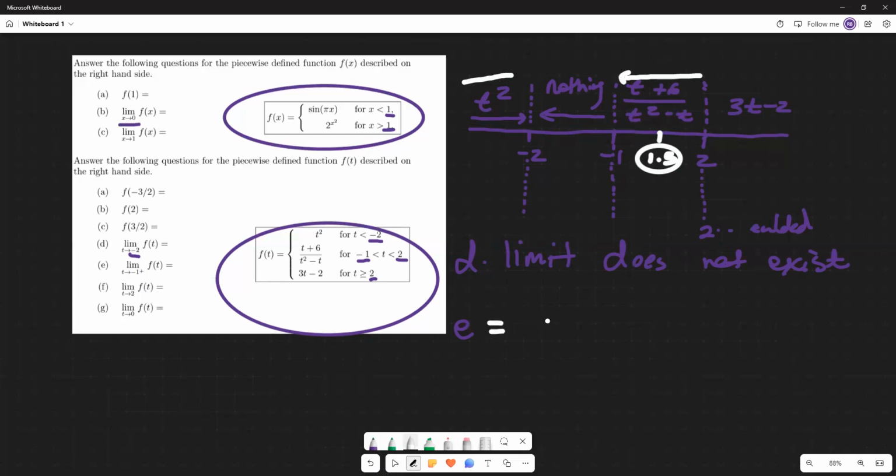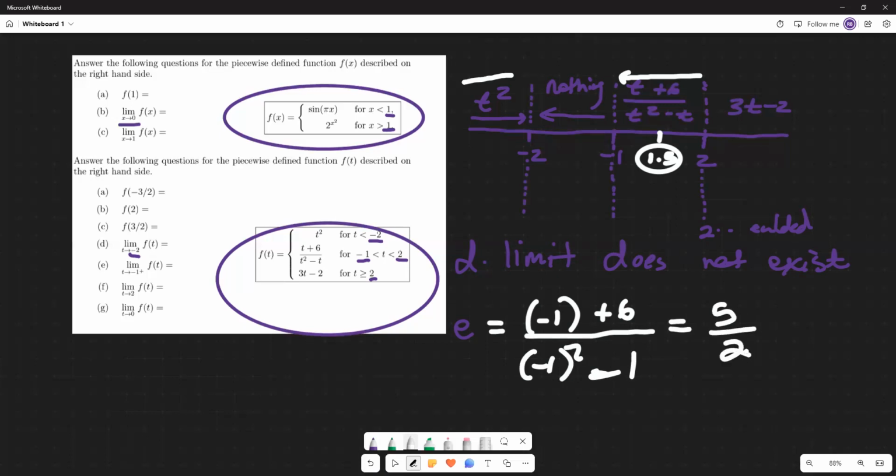It equals -1 plus 6 over -1 squared minus -1, which is 5/2. That was your E. Now let's do F and G and finish.